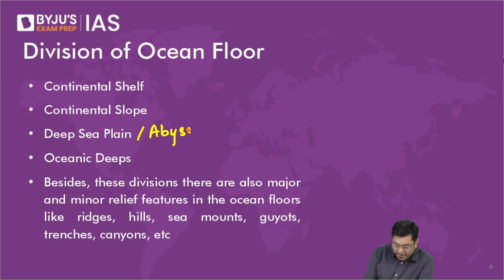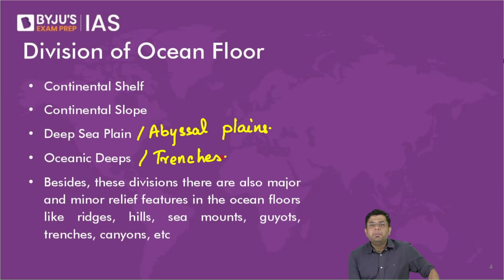So deep sea plain is what is also referred to as abyssal plains. Okay, so here oceanic deeps, they are also referred to as ocean trenches.